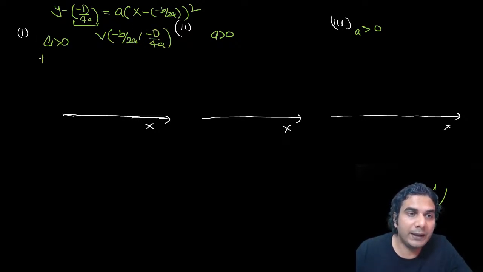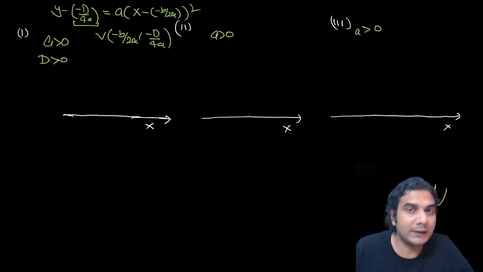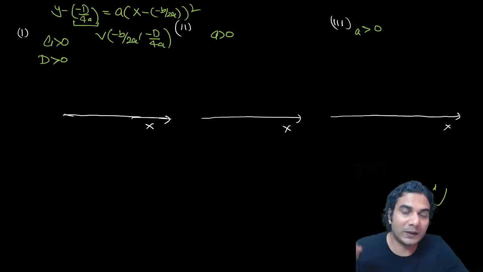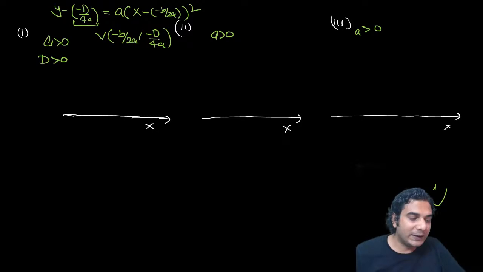So if d is positive, and a is also positive, the first case, so you know when d is positive, then equation ax square plus bx plus c is equal to 0 has 2 real roots, real and distinct. That means if you put y is equal to 0 in this equation, then you'll get ax square plus bx plus c is equal to 0. And you'll have 2 real and distinct roots of that equation. Okay, I'll explain that point also.